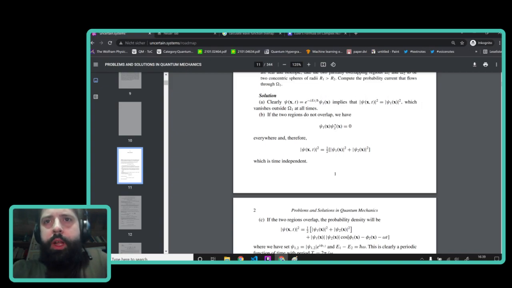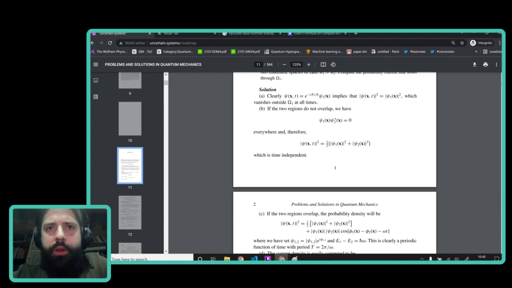If the two regions overlap, the probability density will be, okay, that's what I calculated before, plus, and here is the overlap. Okay, I'd have to calculate that out. I don't know what these things are, though, where we have set psi 1, 2.